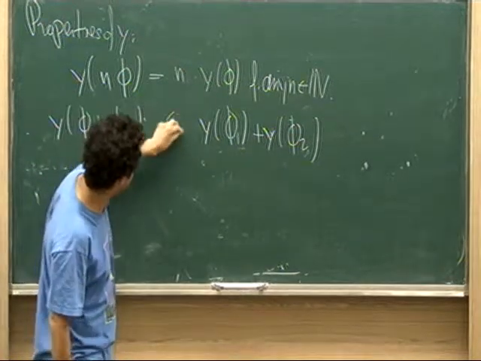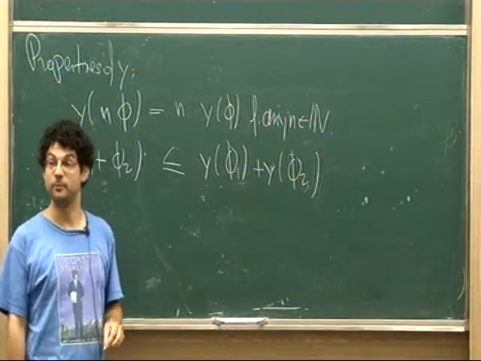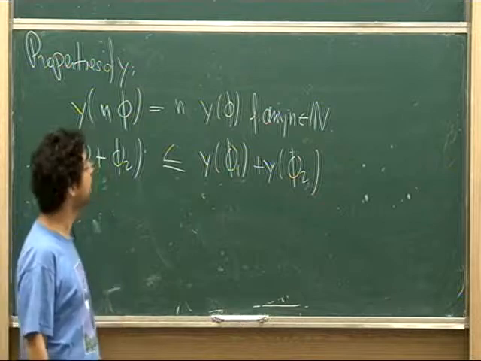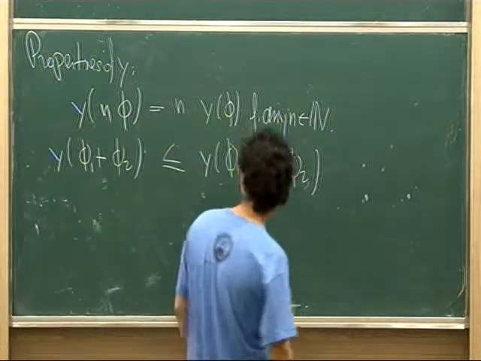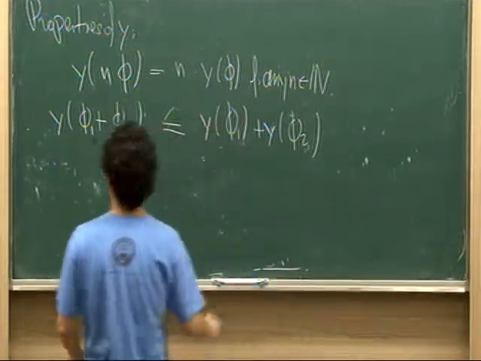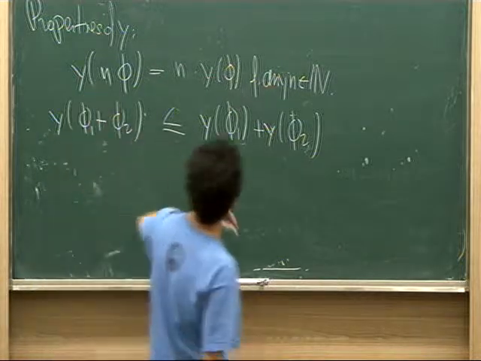So what you get is an obvious inequality. Okay. So what does that do for us?